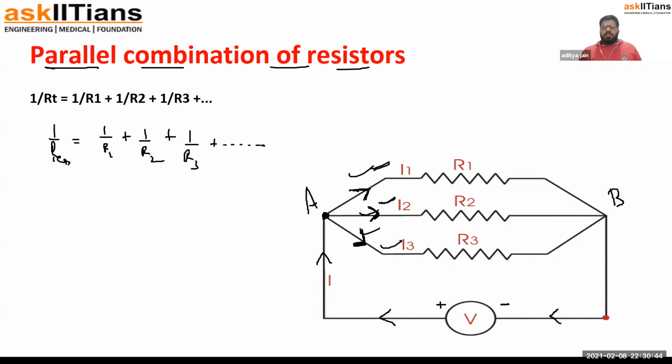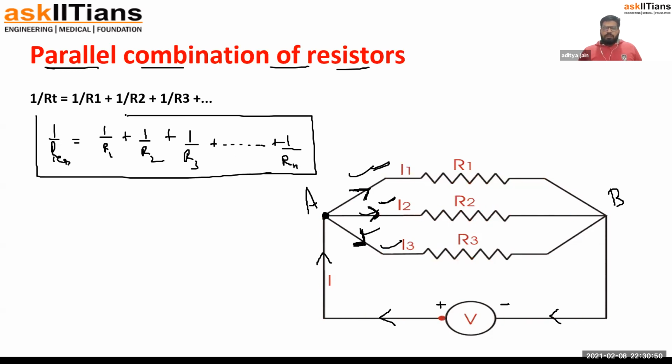And if I make a general formula, if there are n resistors present in parallel, the equivalent resistance will be 1 by R1 plus 1 by R2 plus 1 by R3 up to 1 by Rn, for n resistors.